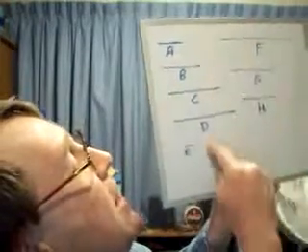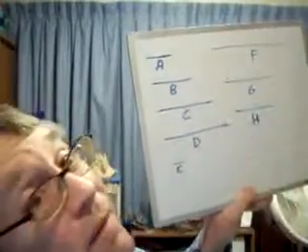Therefore, the product of A and B is equal to the product of E and G. Therefore, as A is to E, so G is to B. Here we go. As A is to E, so G is to B.